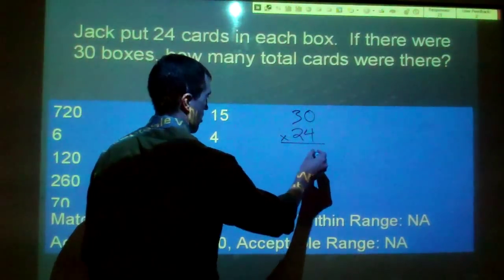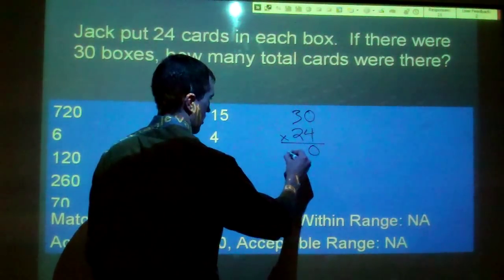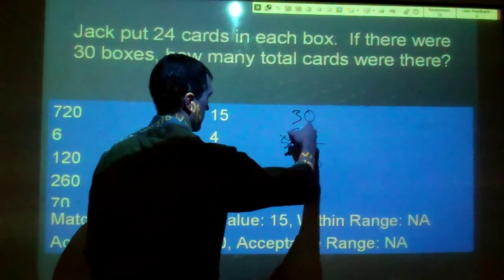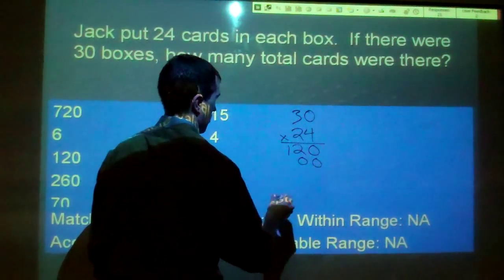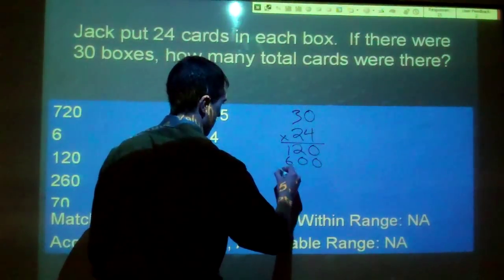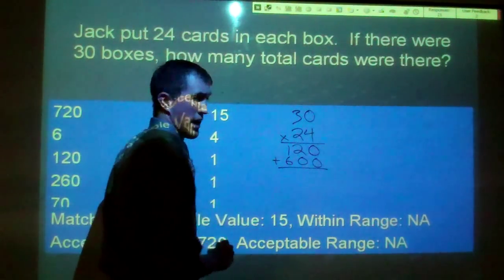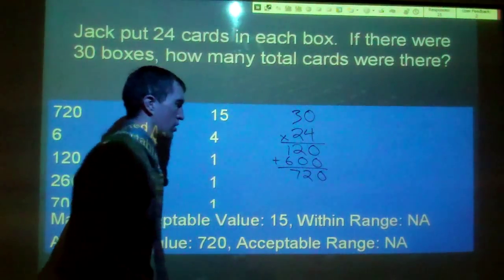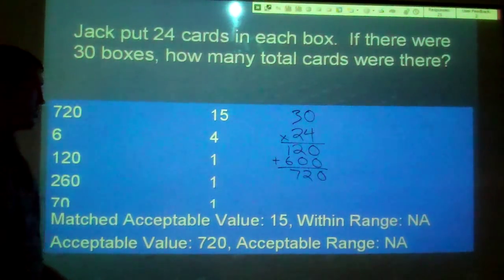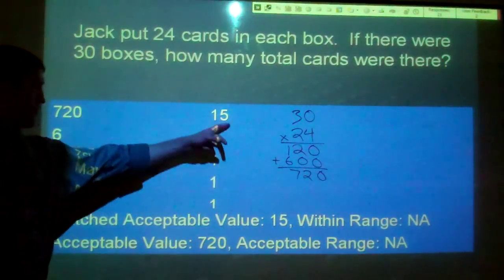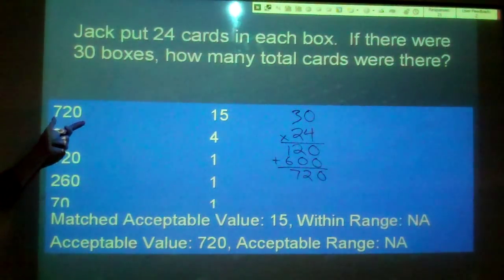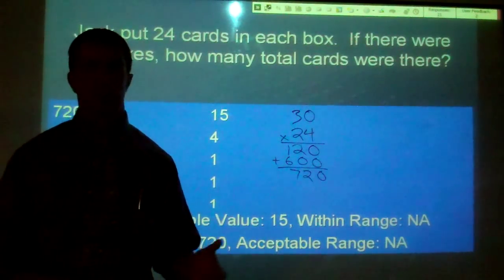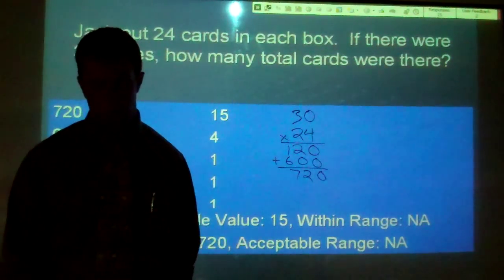We go 4 times 0, 0, 4 times 3, 12. Add a 0 here. 2 times 0, 0, 2 times 3 is 6. Do our adding, 0, 2, 7. Should be 720 cards. That was good to see because 15 of my students came up with 720. Now, obviously we'd go over this all together and clear up any issues that there were.